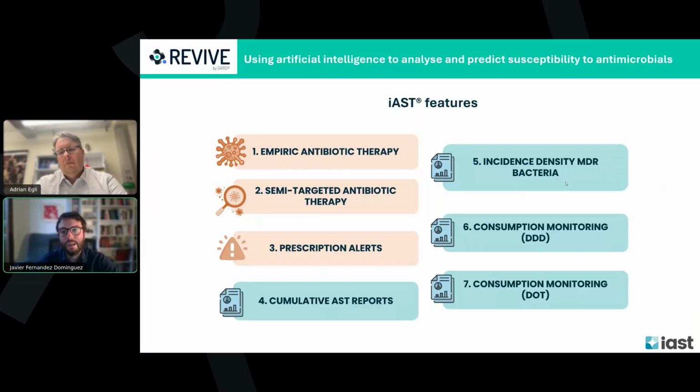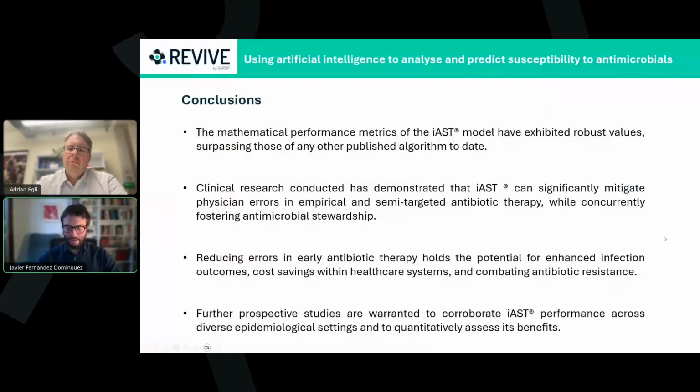And also we help antimicrobial stewardship teams and pharmacy services to monitor drug consumption, no? Through DDDs and DOTs.